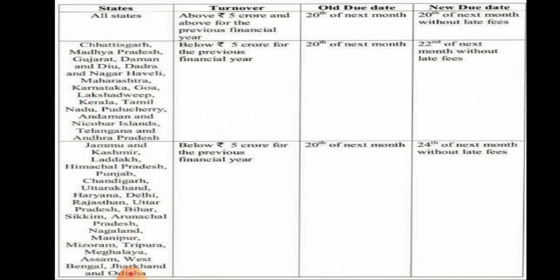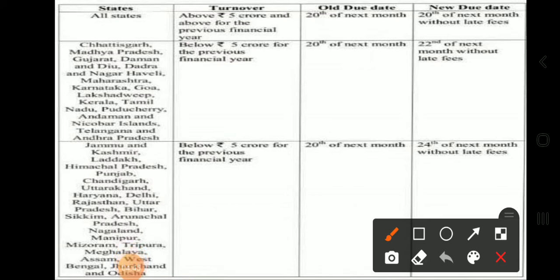Next, we are looking at the staggered filing. Because of the problems involved in the filing of return, government has allowed for staggered filing of the return. Certain options are given as is visible on your screen. In all states the option is available for turnover of rupees 5 crore and above for the previous financial year. Date is 20th of the next month without late fees.